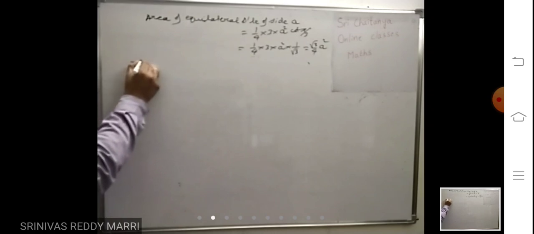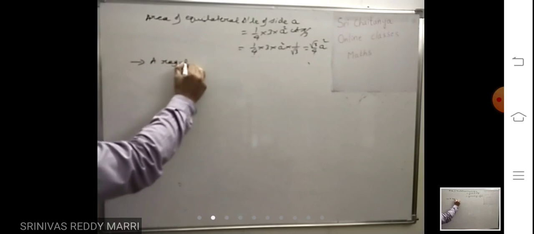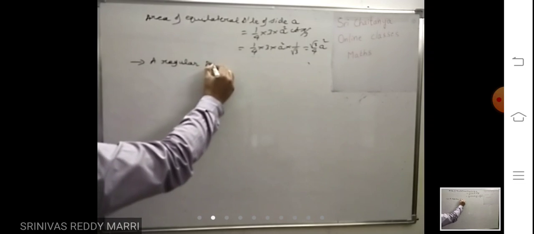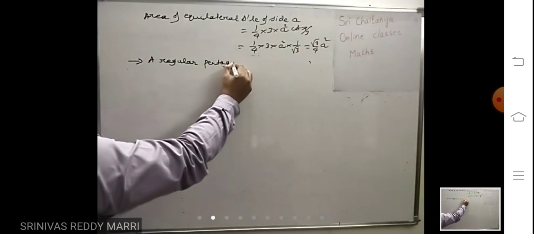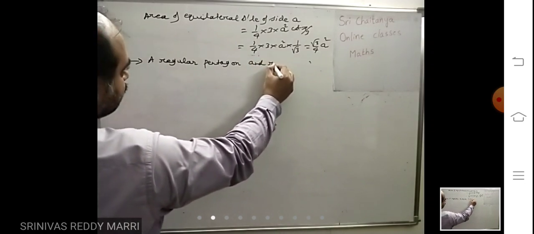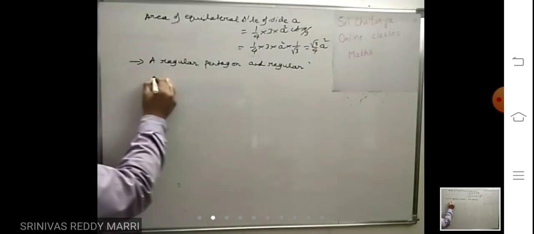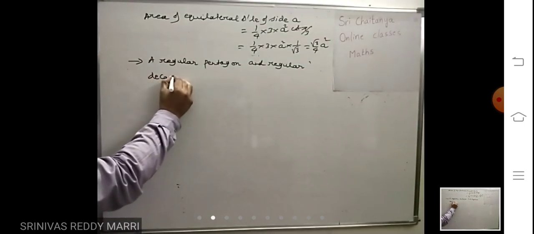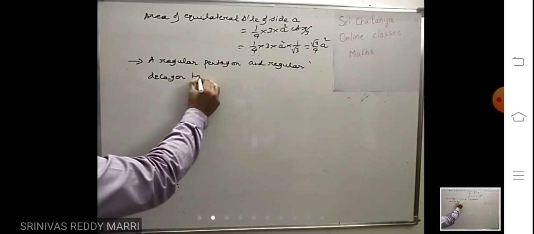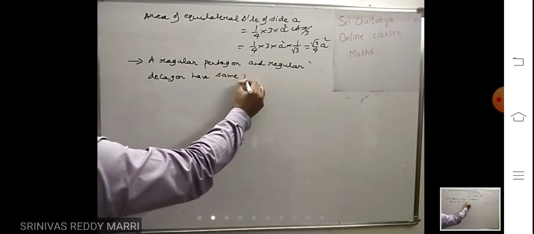A regular pentagon and a regular decagon have the same perimeter.